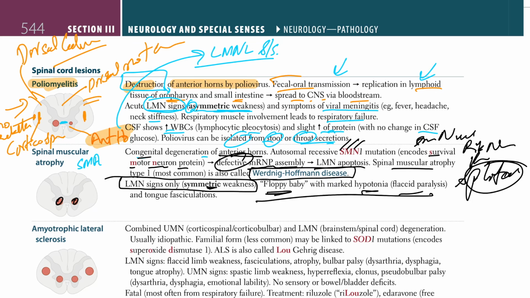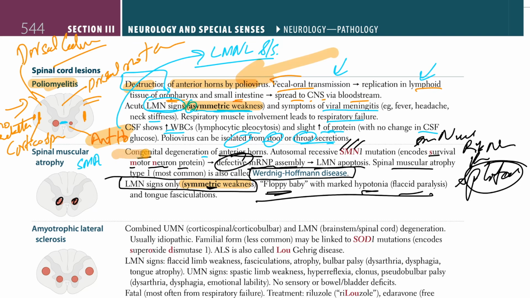One important point that you have to mention when comparing polio: first of all, comparison-wise, we have asymmetrical weakness in polio. Over here, we have symmetrical weakness. There is going to be an infectious etiology, which is polio, that destroys the anterior horns.